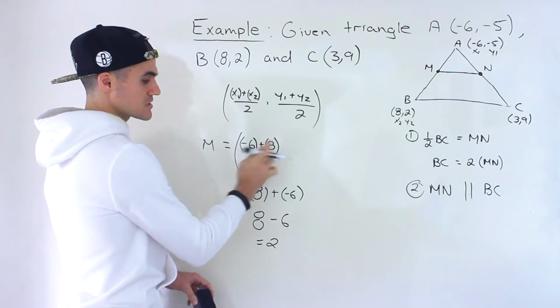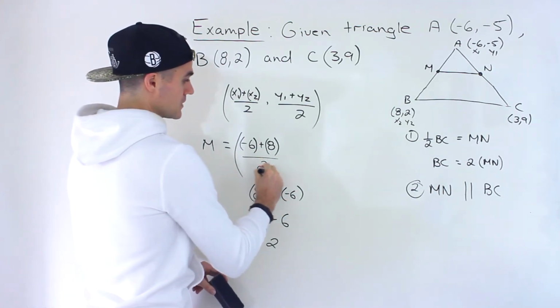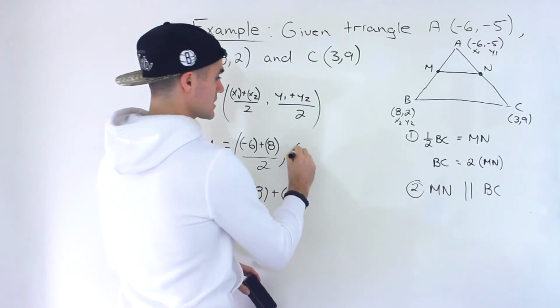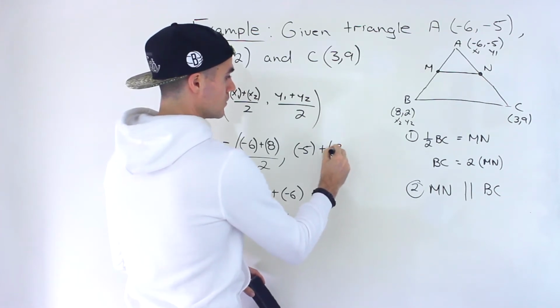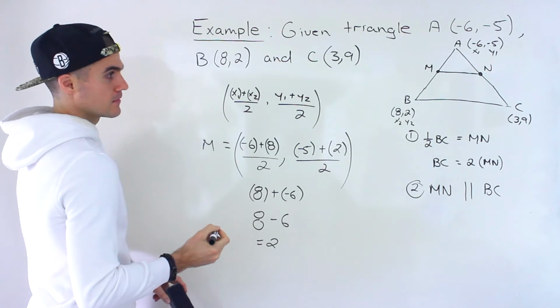Same thing here, -6 plus 8 gives us +2. That's divided by 2, and then we have y1, which is -5, plus y2, which is +2, also divided by 2.